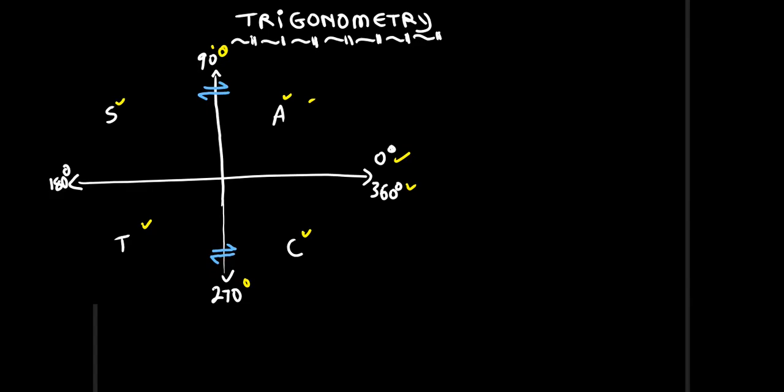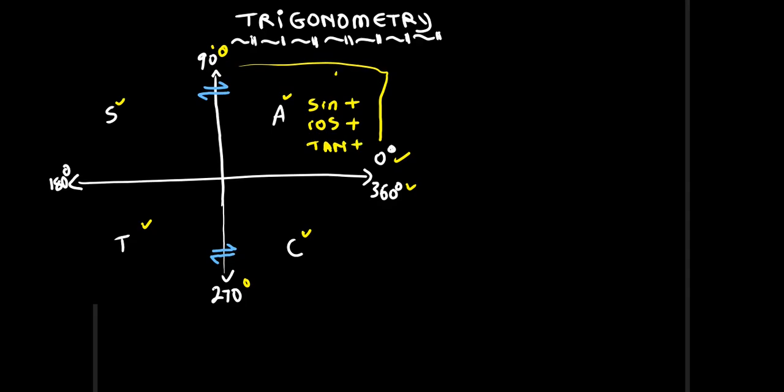This A here stands for all. What does this all mean? It means that sine, cos, and tan in this area, they are all what? Positive.